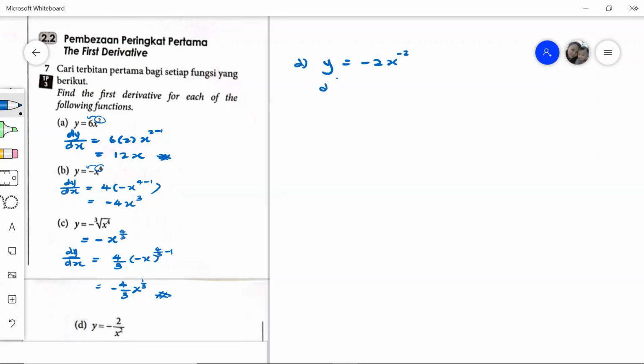Therefore dy dx will be, bring down the power, negative 2, to the front of the whole term, copy everything, and remember to minus 1 from the index of x. So all in all, we will have positive 4x to the power of negative 3. So that's it for the first derivative for question number 7.